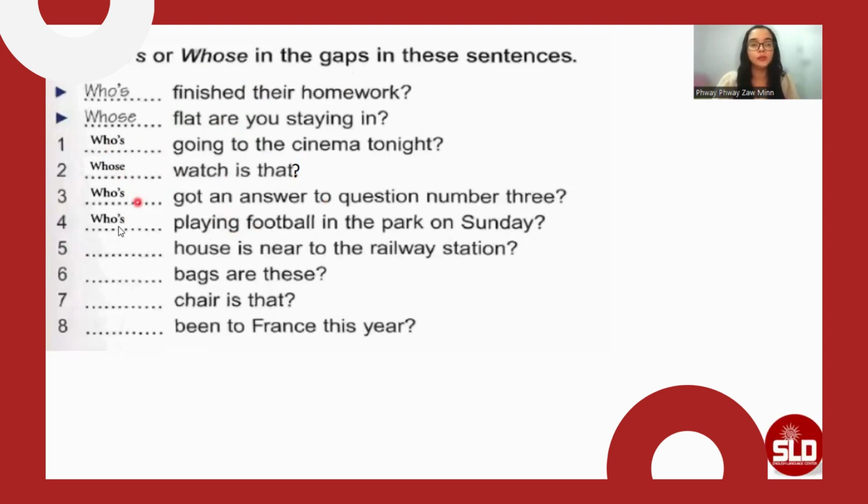That's also asking about the person. And then whose house is near the river station? This is for possession. And then whose bags are these? Possession. And then whose chair is that? This is also possession. And the last one, who's been to France this year? This is asking about the person. That's why who's.